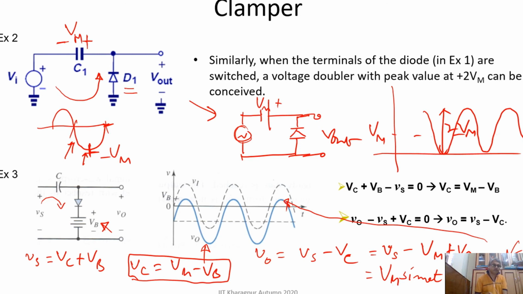We went through the application of the Zener diode as a voltage regulator. Then we went through the clamper circuit and limiter circuit. The purpose of the limiter circuit is to limit some part of the input signal, and the purpose of the clamper circuit is to clamp the input signal to a particular DC value depending on the requirement. With this we are finishing chapter number 2, the diode circuit chapter.